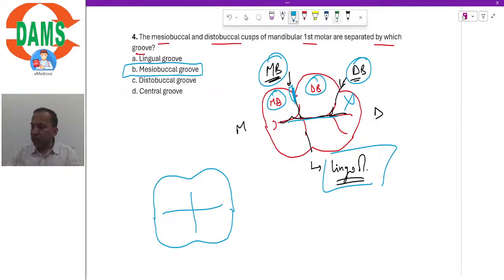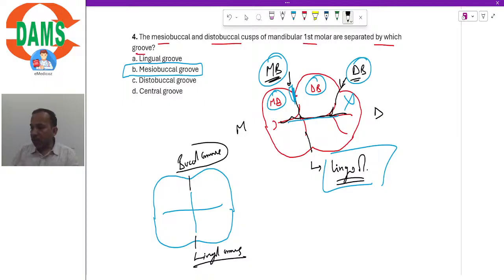So there won't be any distal cusp, and for that reason we have a single buccal cusp and a single lingual cusp. So this single buccal cusp would have a buccal groove, along with the lingual groove. So unlike the first molar, we don't have either mesiobuccal groove or distobuccal groove. We just have a buccal groove.